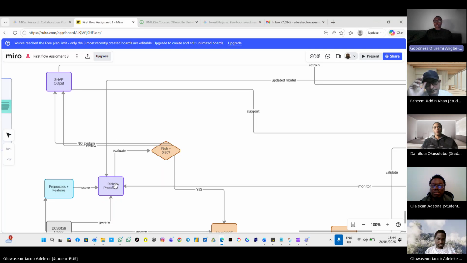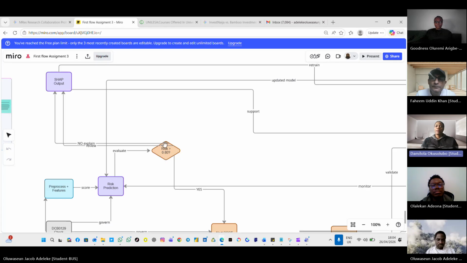Now that the patient data has been safely collected and governed, it enters the brain of our system, the AI core. This is where the system begins to analyze data and predict patient risk. From here, I'll hand over to my colleague.